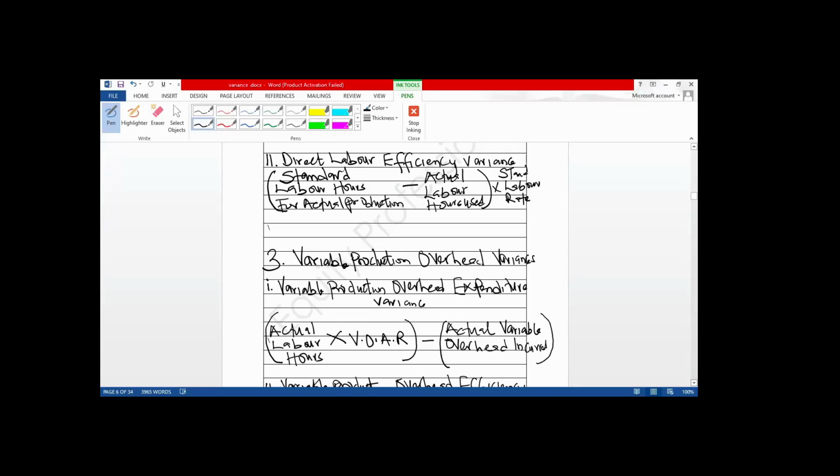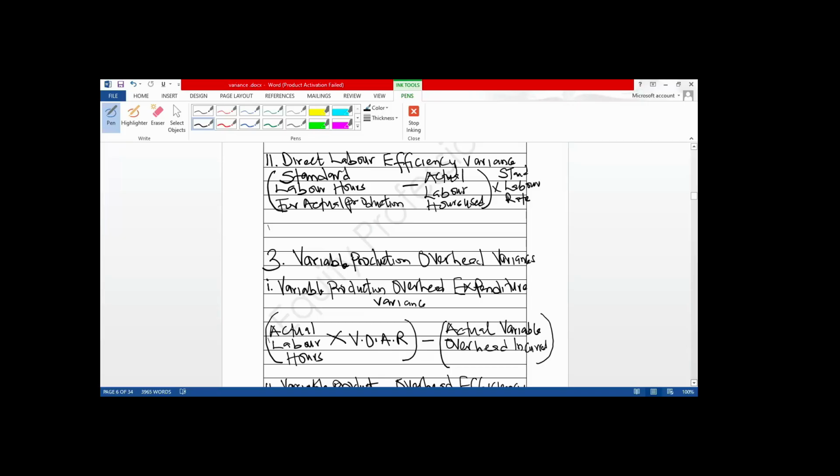Variable production overhead variance occurs where actual variable overhead is different from standard variable overhead cost.